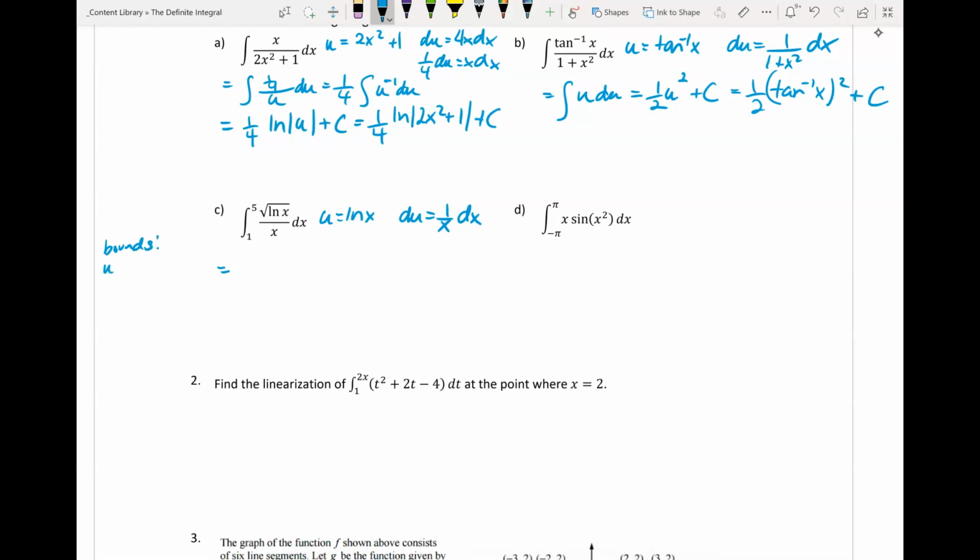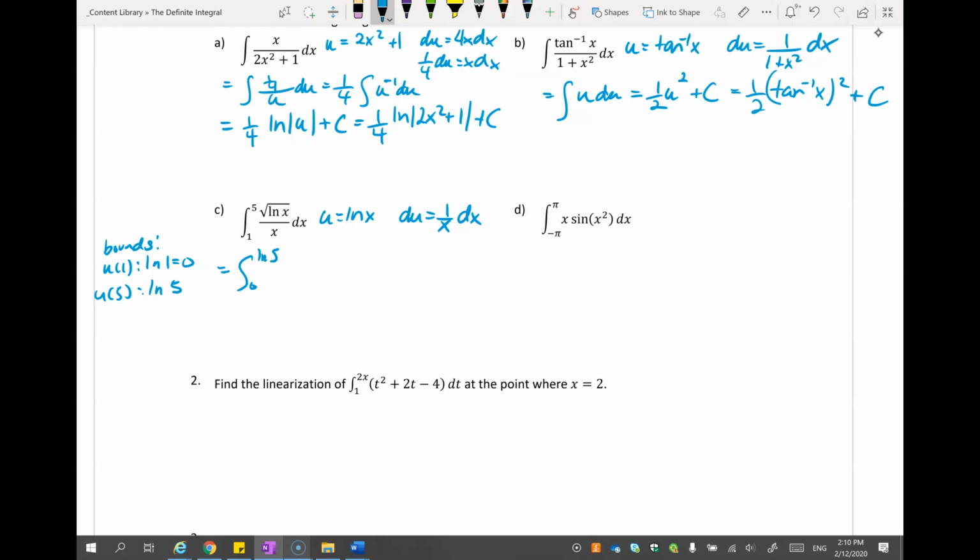So we need to calculate u of 1 and also u of 5. So I plug 1 into my u, which is ln 1. And then for 5, I'm going to get ln 5. Take note that this ln 1 you can simplify more, because e to the power of what gives you 1? That's going to be 0. So our bounds are 0 to ln 5.